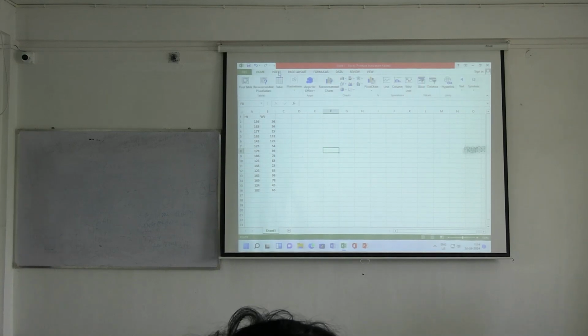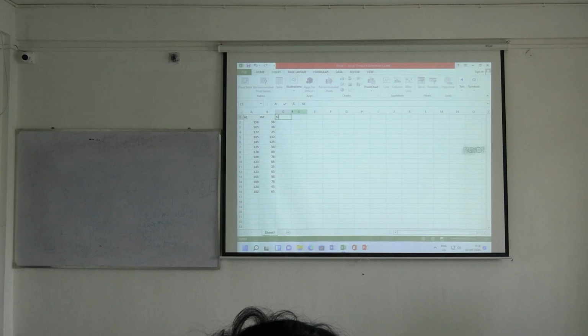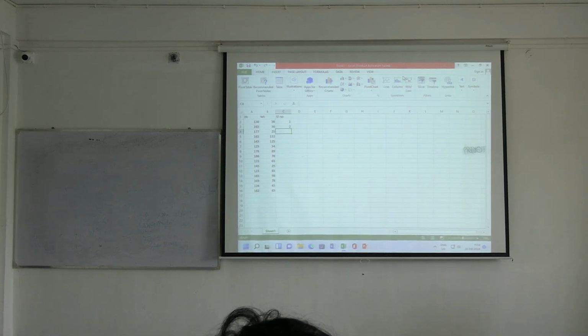But okay, what are we going to do? We are going to do the same thing. We are going to first make some serial numbers. How do we do serial numbers? We do 1, 2, and we just fill up this much.